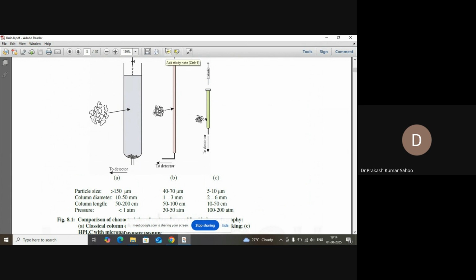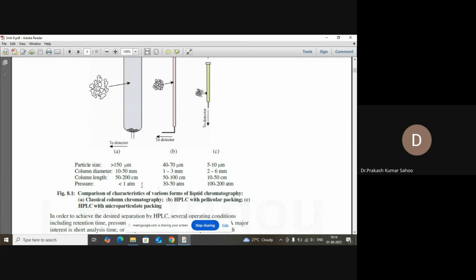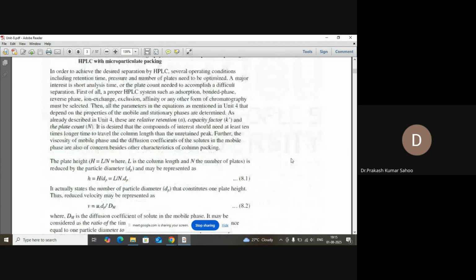So if the particle size is less than 1.150 micrometer, then your column diameter is this, and accordingly when the size reduces, your column diameter also reduces.